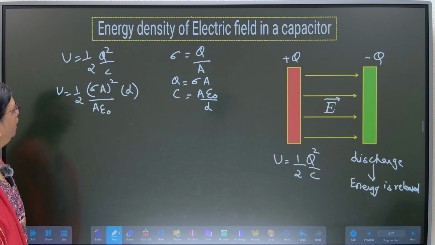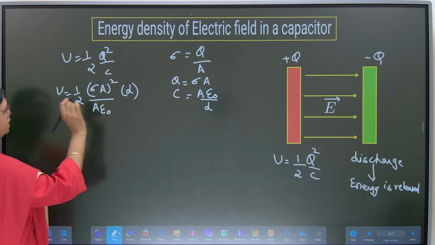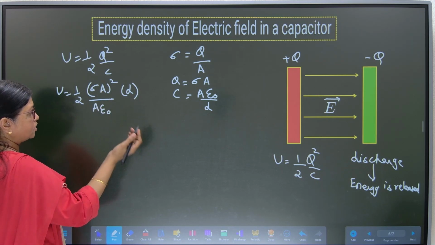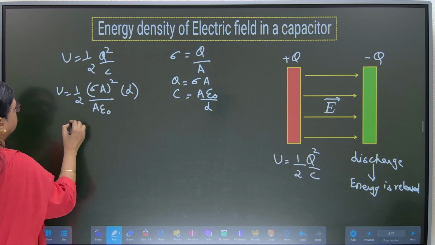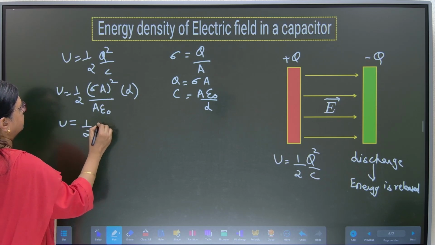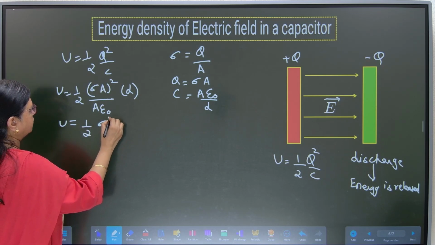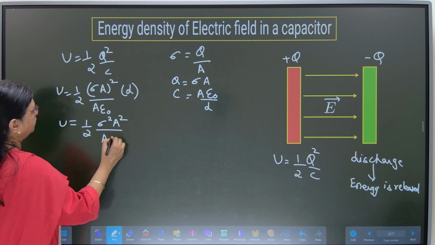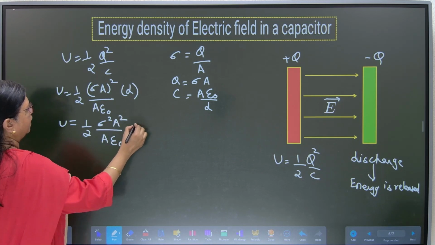Fine. Okay. Then in this situation, let us multiply and divide the numerator and denominator by epsilon naught, such that we get sigma square A square upon A epsilon naught.